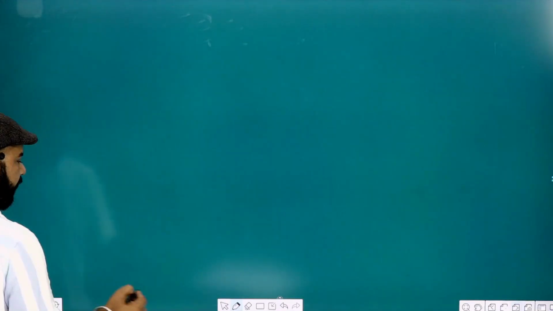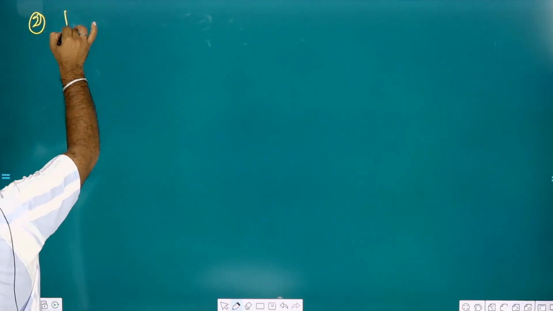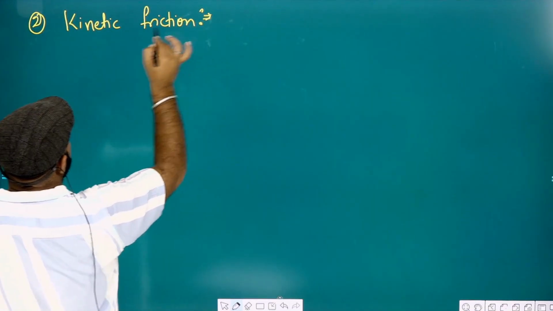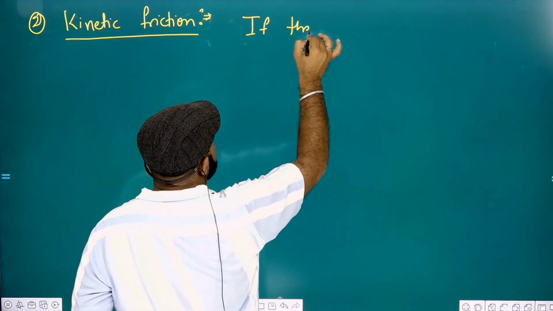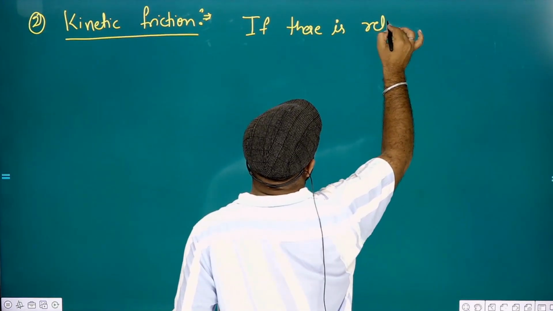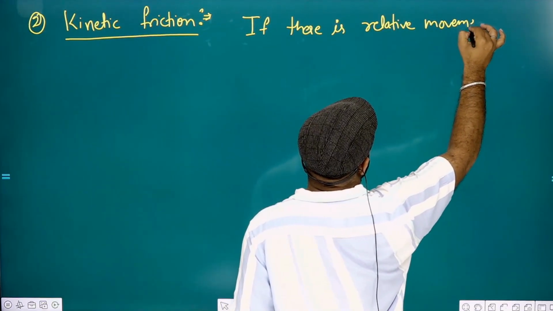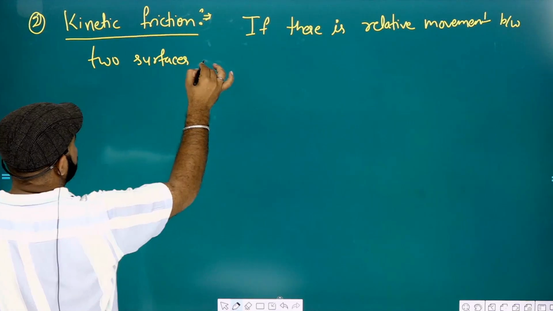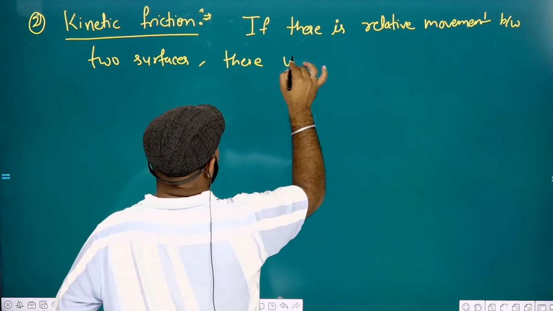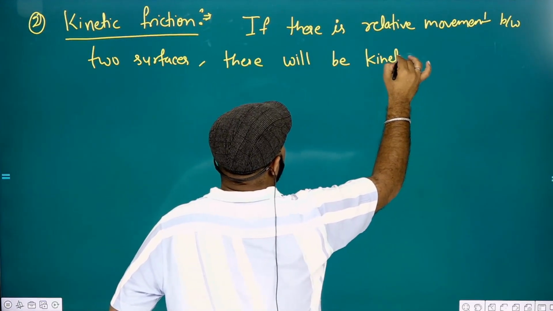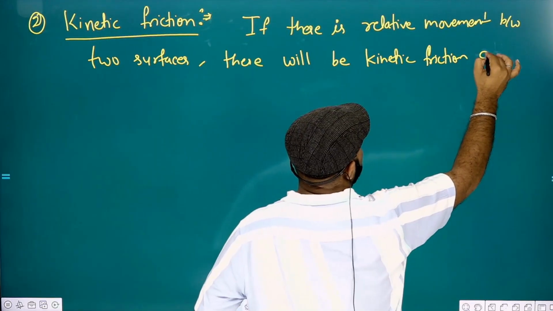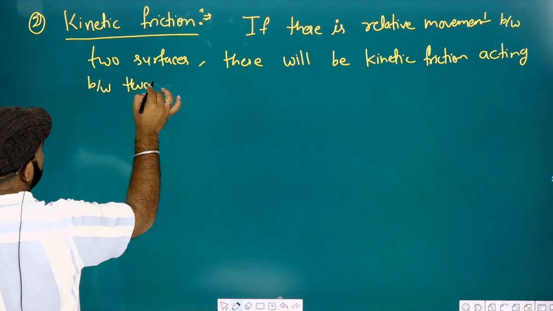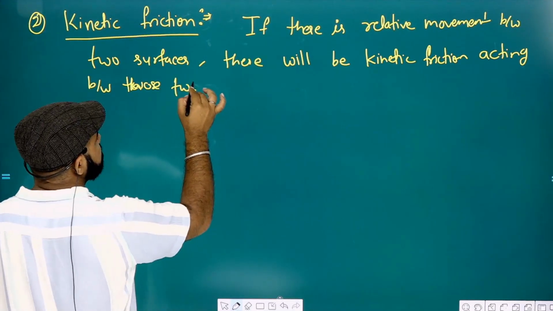Now the next is kinetic friction. So if there is relative movement between two surfaces, there will be kinetic friction acting between those two surfaces in contact.